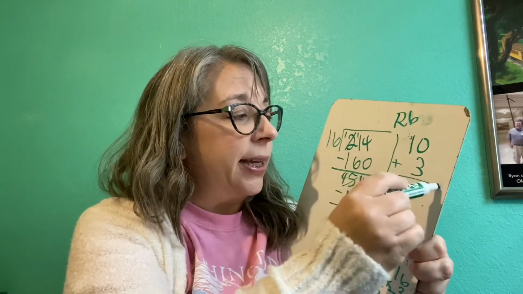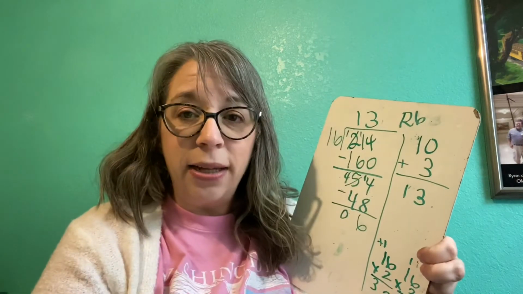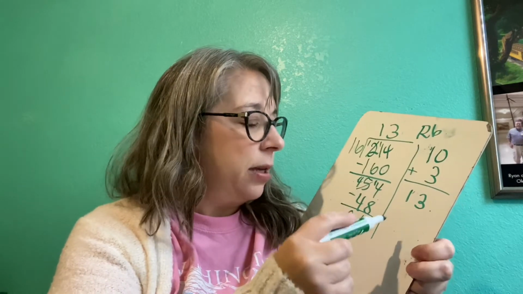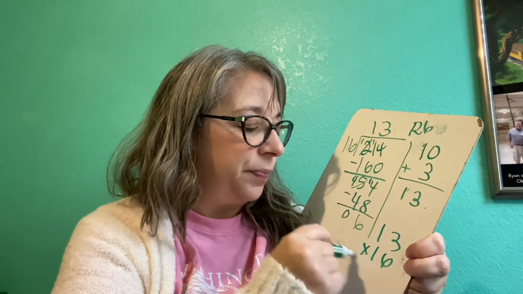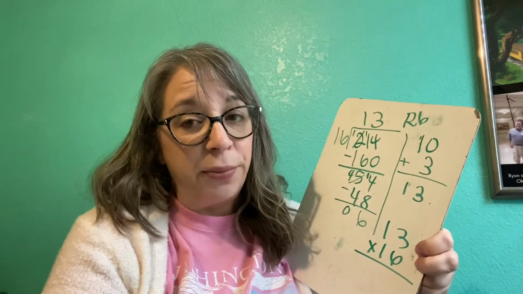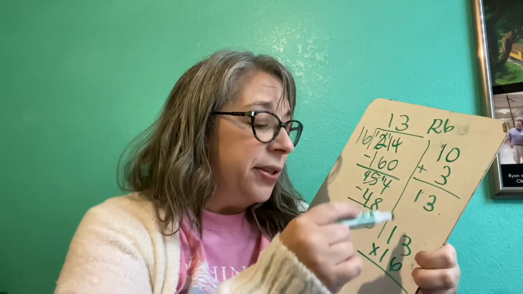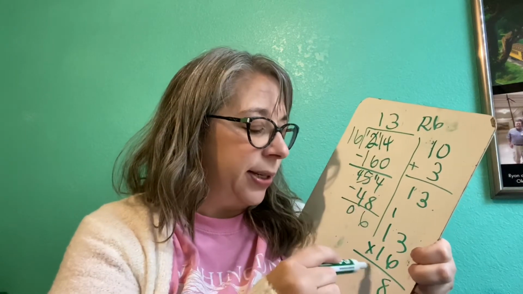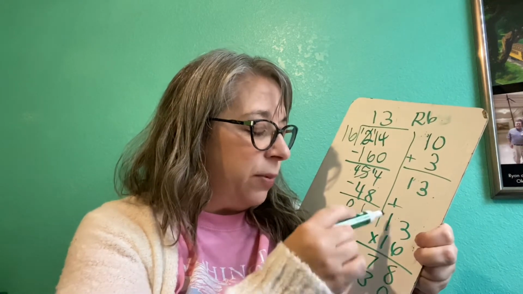We're going to add these together, which would be 13. And how can we check that? I'll show you how we can check that. We can check that by saying 13 times 16. I do this the old-fashioned way, and besides, I don't have enough room to partition it off. So 6 times 3 is 18. 6 times 1 plus 1 is 7. Put a 0 in that ones place. 1 times 3 is 3. 1 times 1 is 1.